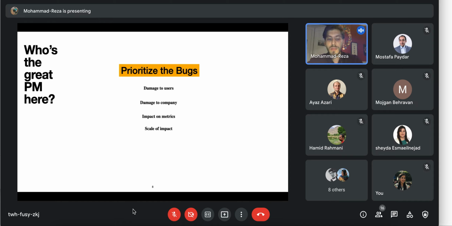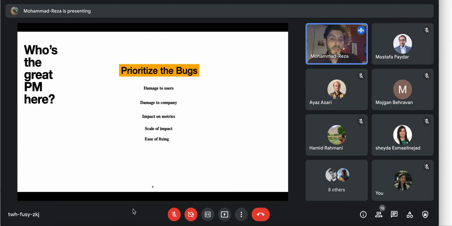But sometimes there are bugs that you're going to fix in the upcoming weeks, or even in a day or 2 days, and some of them you have to deal with through your engineering department or your development team. So you have to prioritize the bugs based on the damage to users, damage to the company, damage to metrics, and so on.